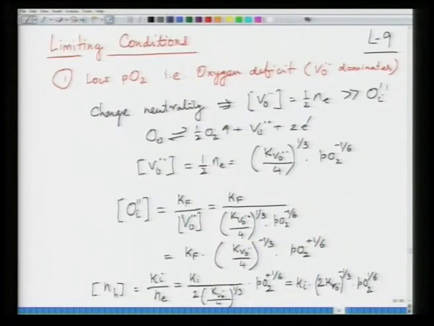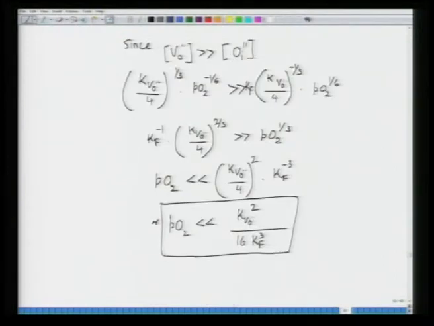Then you can establish the charge neutrality condition where oxygen vacancy concentration is half of electron concentration, which is much higher than interstitial concentration, and then you can determine the concentration of all the defects. Since VO is much greater than OI, I can work out the PO2 condition at which this should happen. So this is the first limiting condition.